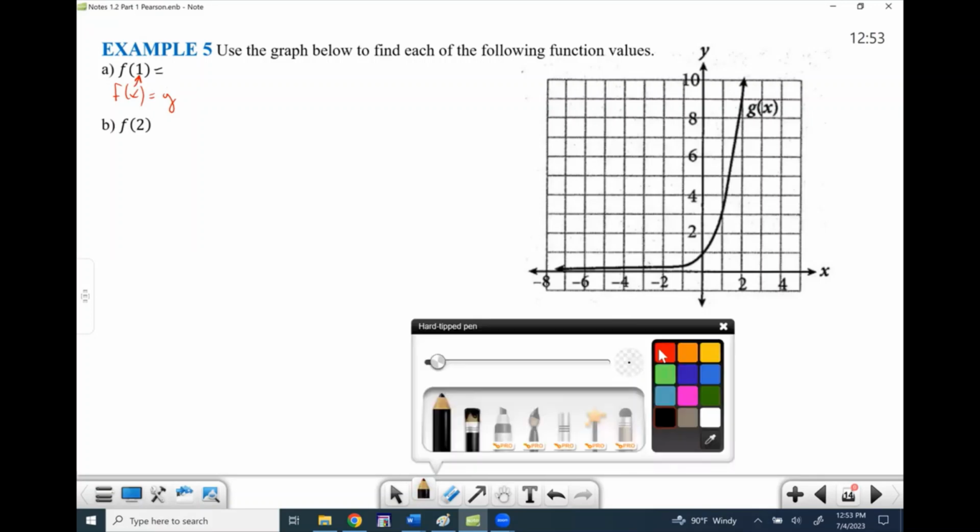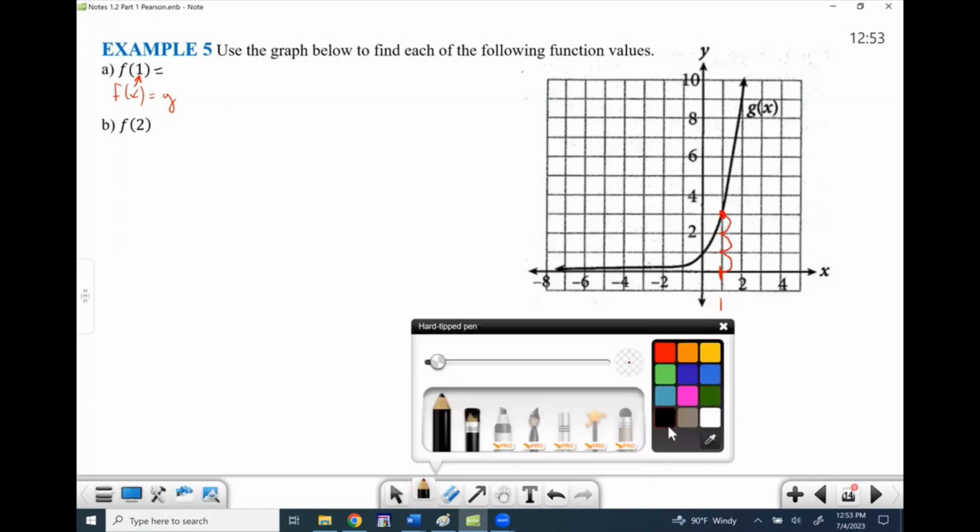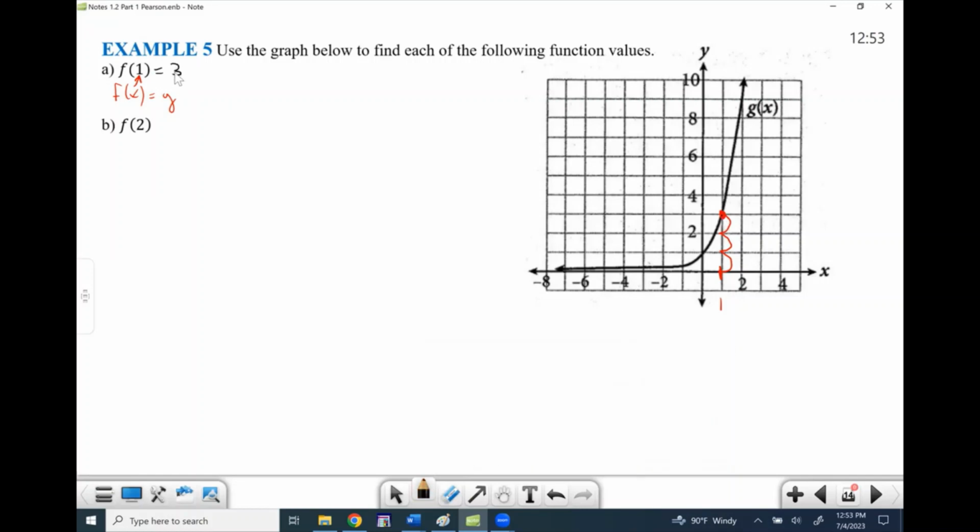So we're going to go to where x equals 1 in the picture. So x equals 1 right there, and I got to get the y value. So let's see, 1, 2, 3 is going to be the y value, okay? So f of 1 is 3. Now remember we said f of 1 equals 3 is actually the ordered pair 1, 3. That's the ordered pair 1, 3.